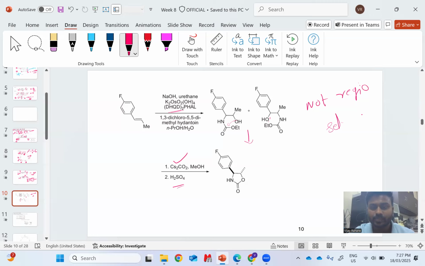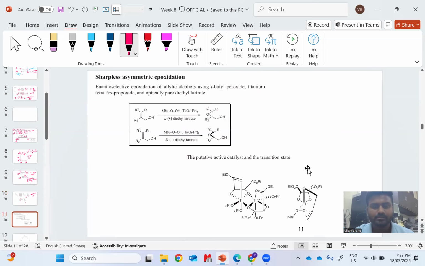So in both ways, if the cyclization takes place, it gives the same product, and that's the reason. So upon addition of the base followed by the acid, it gives the same product in both cases. So this is one of the interesting examples.